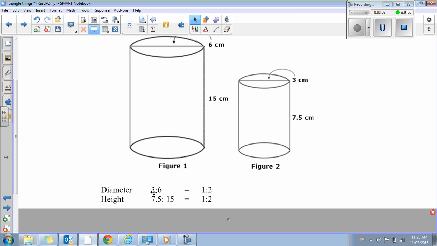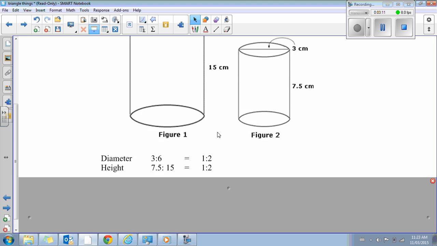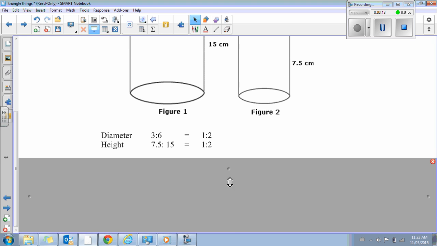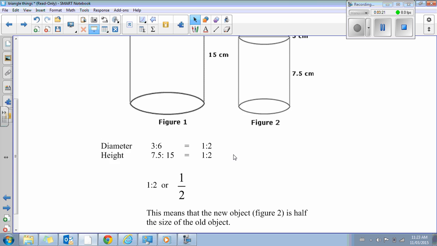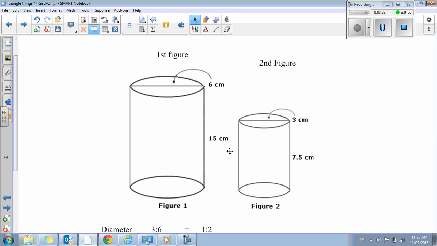Okay, so the diameter, second figure to first, 3:6. Height, 7.5:15, which turns out to be 1:2. Okay, you can write it as 1:2 or 1/2. This means that the new object is half the size as the old object.